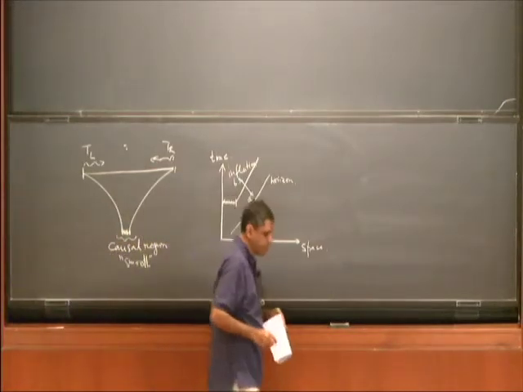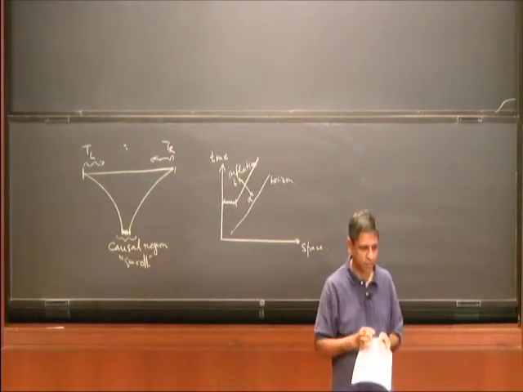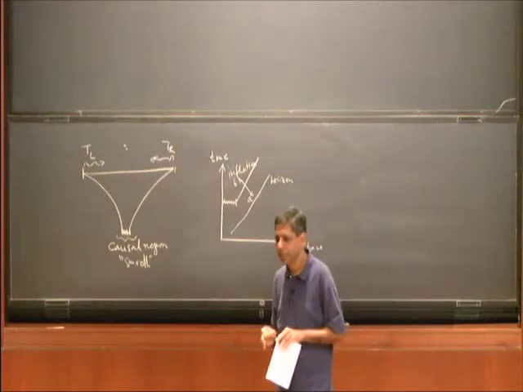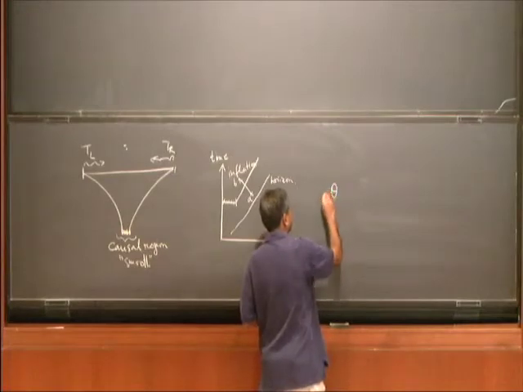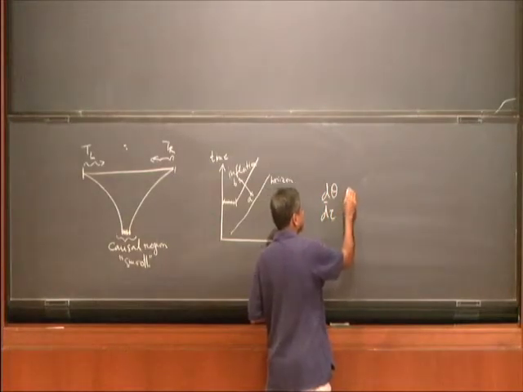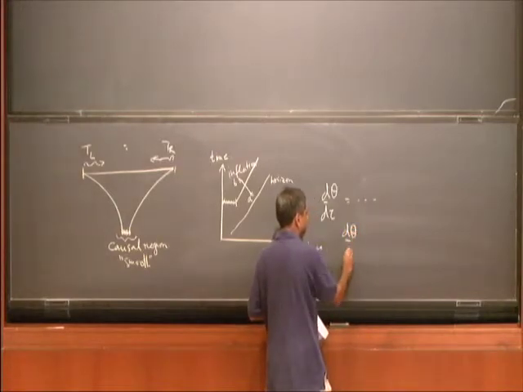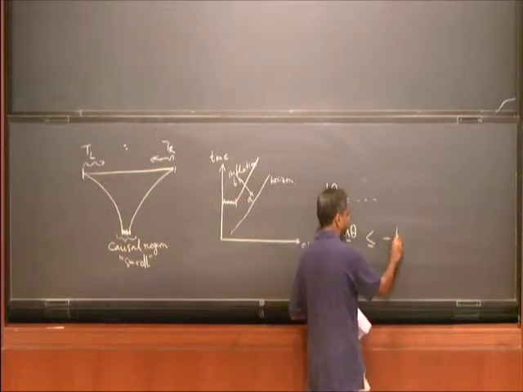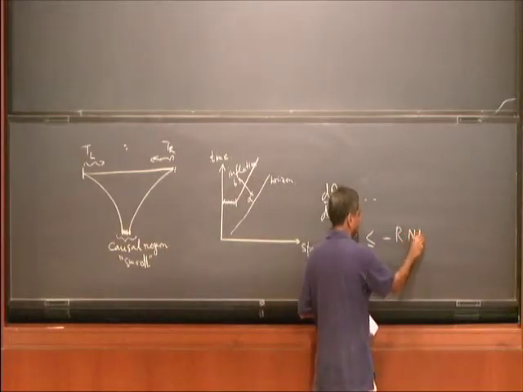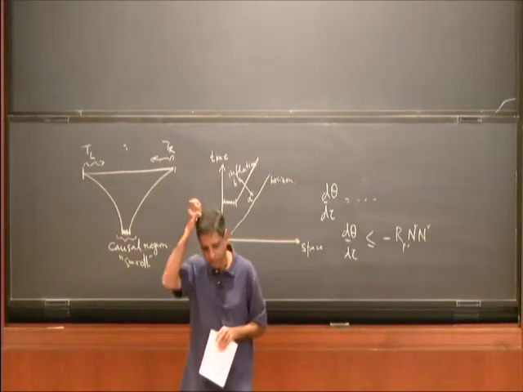And in gravity, there's something called the divergence of these rays, and so theta is the divergence. So there's Raychaudhuri's equation, which is equal to various things, but from here you can show that d theta by d tau has to be less than or equal to minus R mu nu n mu n nu, where n are the null vectors.